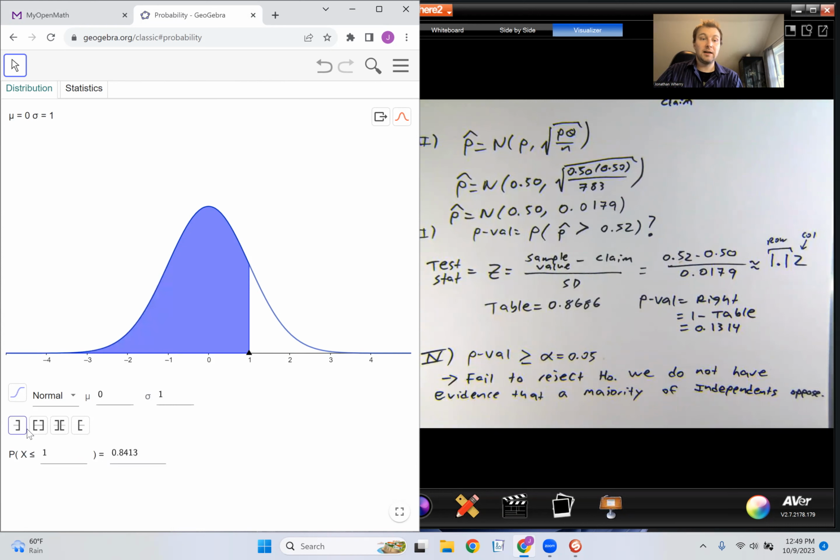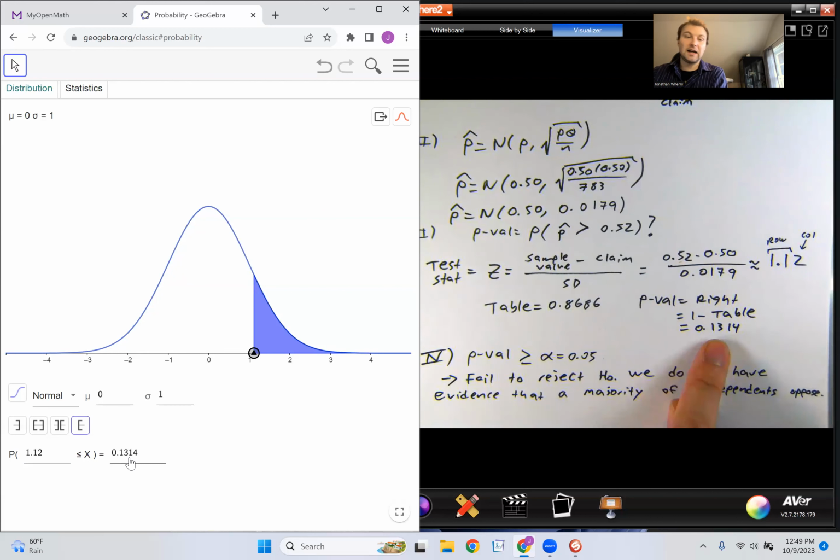And you can choose left, right, or two tails, depending on what your picture looks like. Our picture was shaded to the right, so I'm going to choose shaded to the right. And the z-score I'm going to type in was this 1.12. And this gives me the same p-value of 13.14%.